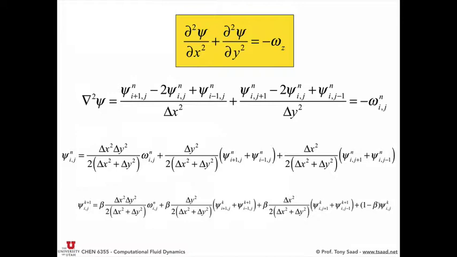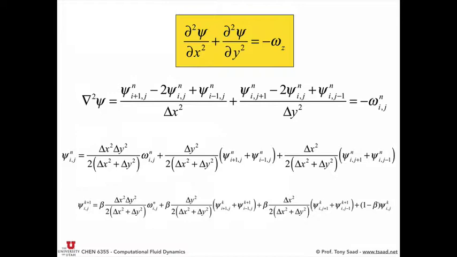And then plus 1 over delta x squared psi I plus 1 j, correct? Plus psi ij minus 1 over delta y squared plus psi ij plus 1 over delta y squared equals minus omega ij.